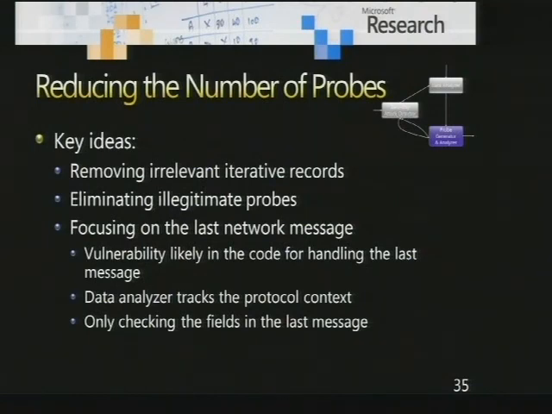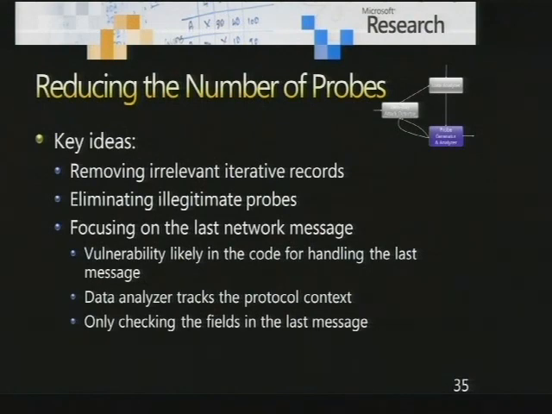The second challenge is to reduce the number of probes. Our key ideas in ShieldGen are, first, we remove all the irrelevant iterative records. Second, we eliminate illegitimate probes. And the third one is we focus on the last network message.